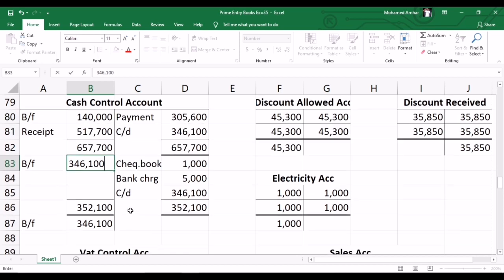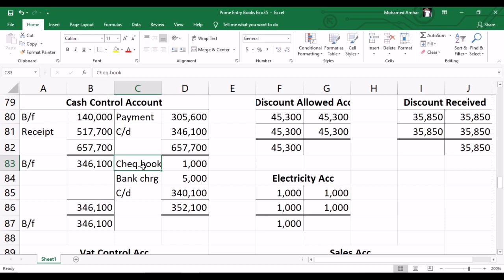Then after that, checkbook and bank charges details we received end of the month, after receiving bank statement. So these are adjusted here. For checkbook 1000 deducted, for bank charge 5000 deducted, so carried down 340,600.